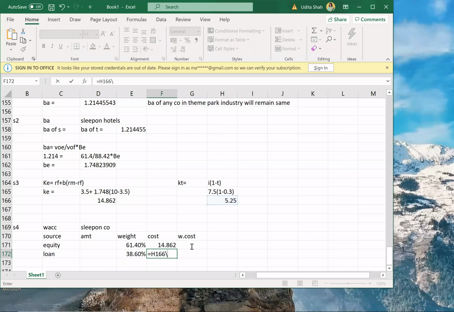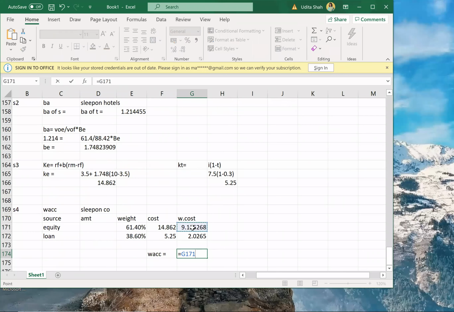So weighted cost will be 14.862 into 61.4. So WACC will be 11.15%. 11.15% will be my WACC.